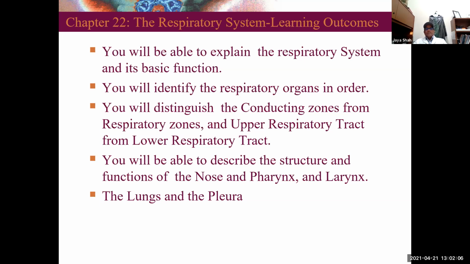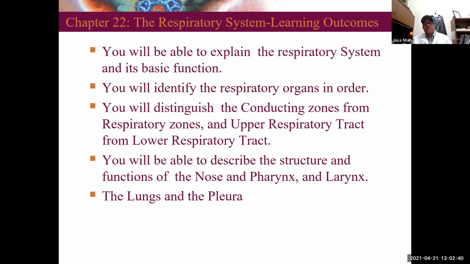So the respiratory system today, I will be going over the respiratory system organs and their structure and their basic function. When we talk about the organs, I will go over them in order from the nose, from proximal to distal part. Like the GI tract, we have a respiratory tract from nose to lungs.